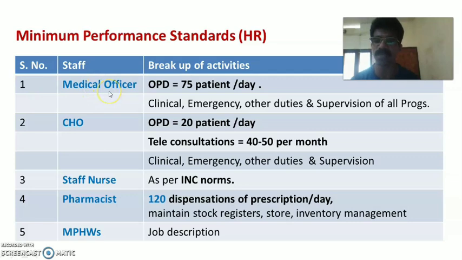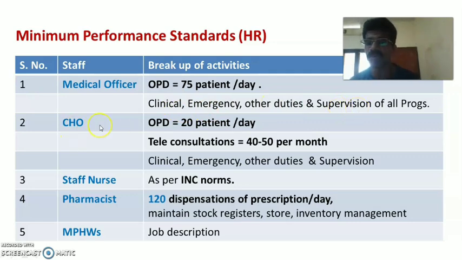The first one is for the medical officer. The medical officer must conduct a minimum of 75 patients in OPD per day. So in OPD he has to see 75 patients per day, that is mentioned. Then his clinical duties, emergency duties, other duties and supervision of all the programs in the urban health and wellness center.